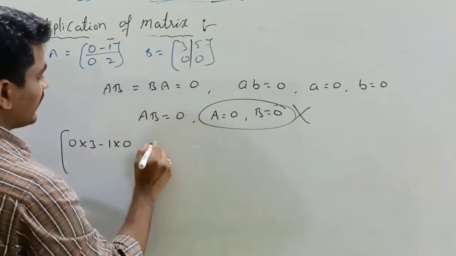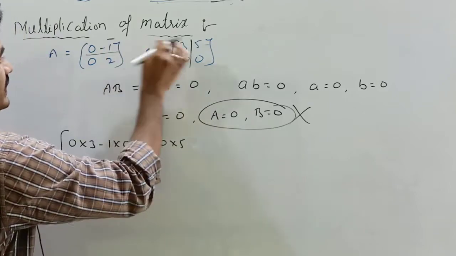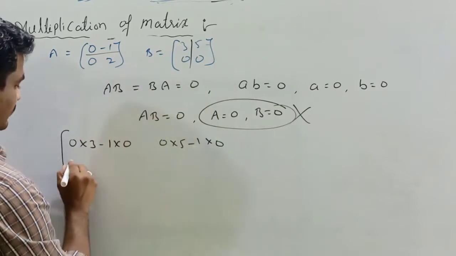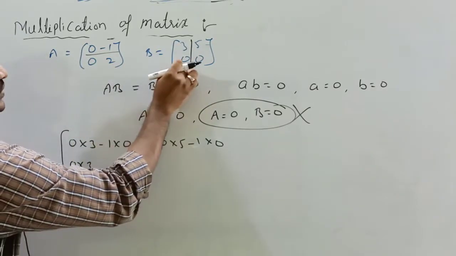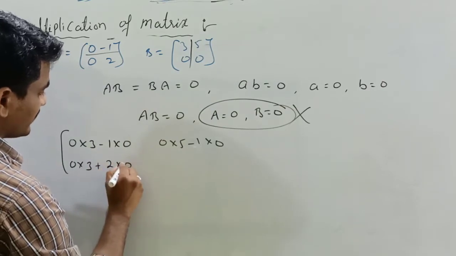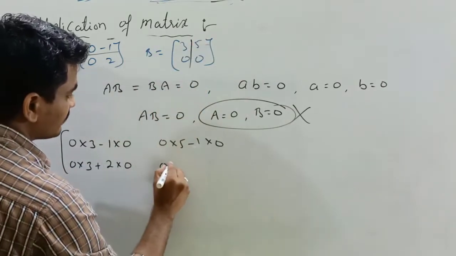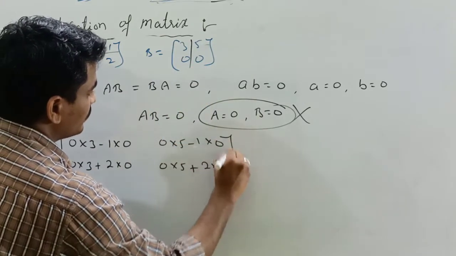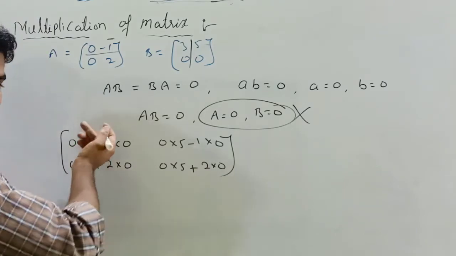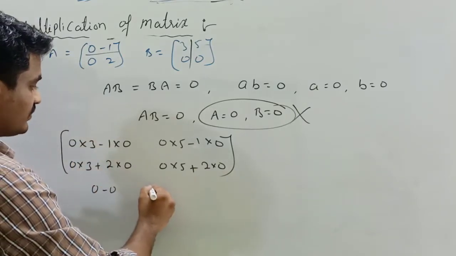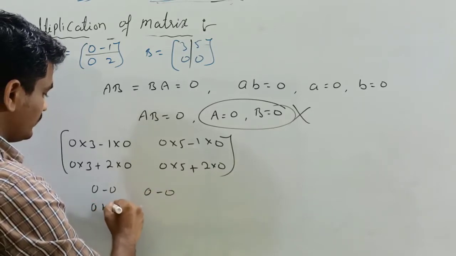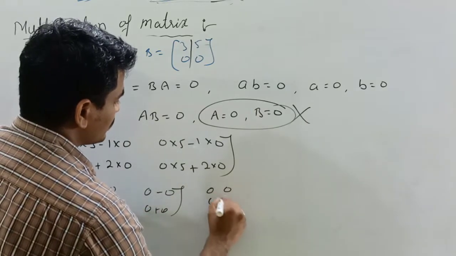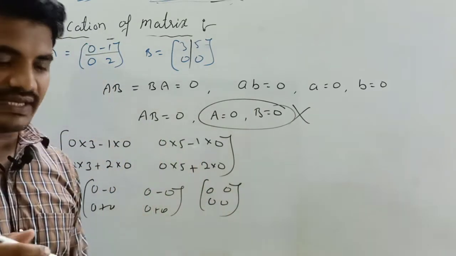Next, 0 into 3 plus 2 into 0, and 0 into 5 plus 2 into 0. Once you observe, 0 into something is 0, and 0 minus 0 is 0, 0 plus 0 is 0. So finally you are getting 0 0 0 0. So we get an empty matrix here.